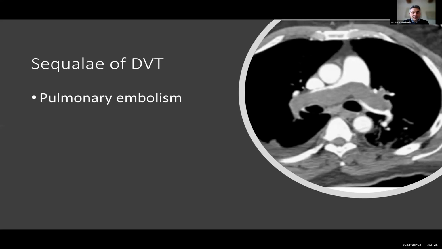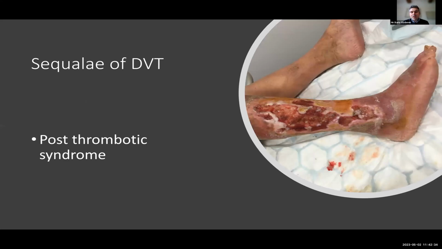But in the last decade and a half, there's been an increasing focus on the consequences to the limb, and specifically about trying to prevent a phenomenon called post-thrombotic syndrome, which isn't very well defined, but essentially it's anything from mild swelling through to pain in the limb, particularly with exercise, through to skin damage, through to full-blown ulceration.